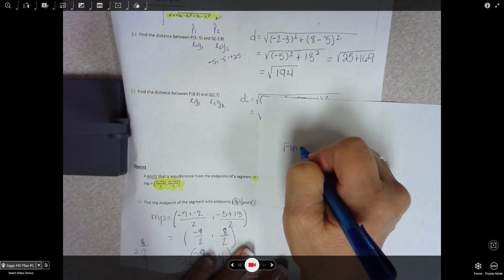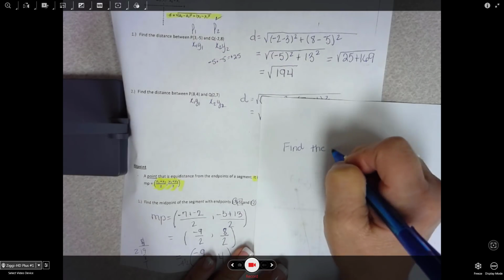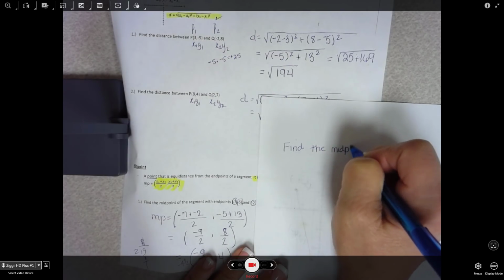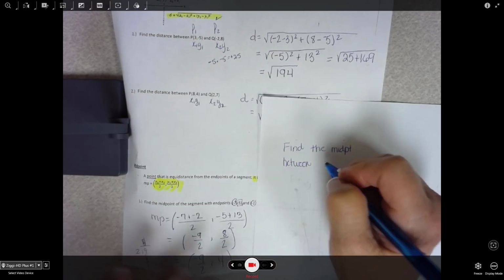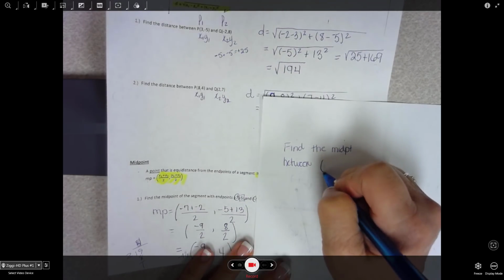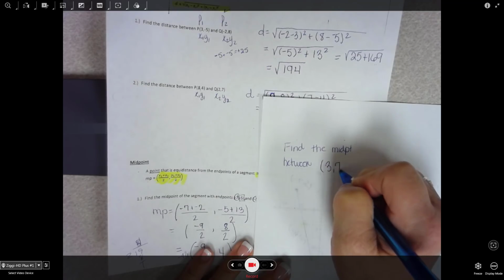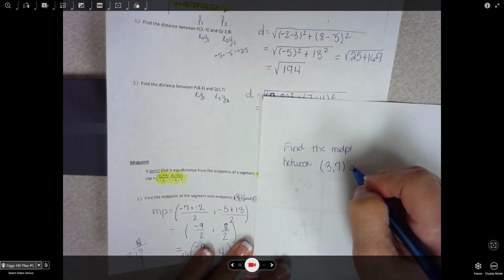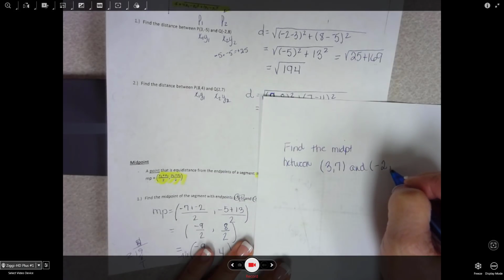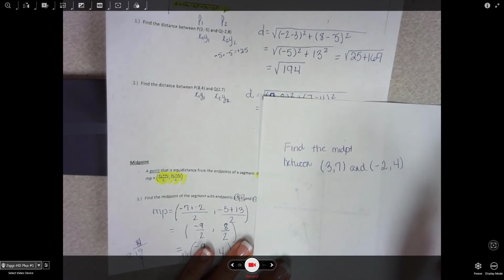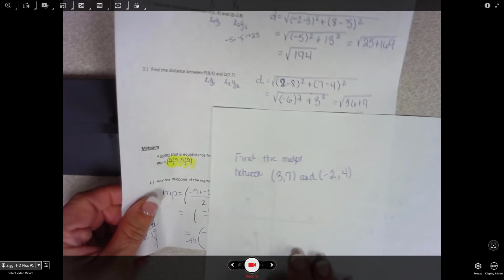Let's find the midpoint between 3, 7 and -2, 4. So those are my 2 points.